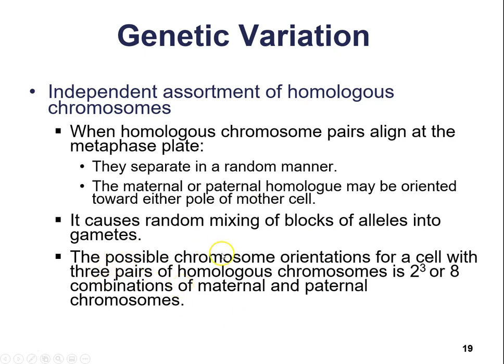The possible chromosome orientations for a cell with 3 pairs of homologous chromosomes is 2 to the 3rd, or 8 combinations. Remember, we have 23 pairs in our cells, so you'll have a lot more possible combinations in our cells, okay?